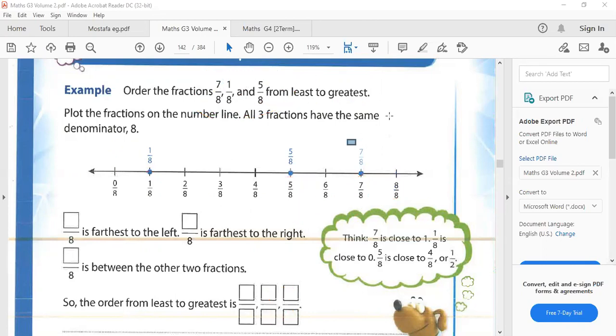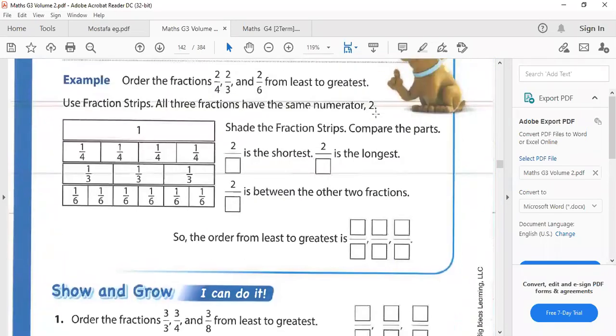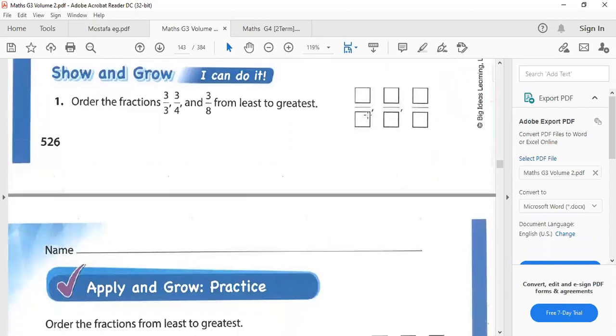So it is so easy to order fractions. We can also use the fraction steps, but it will be a little bit not direct, it will be a little bit longer. So we can use any way to order fractions.